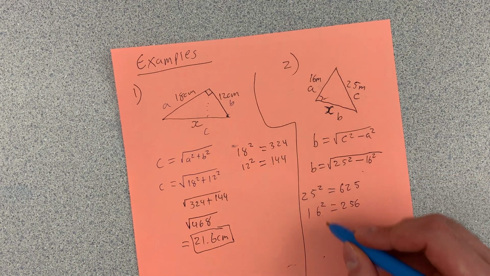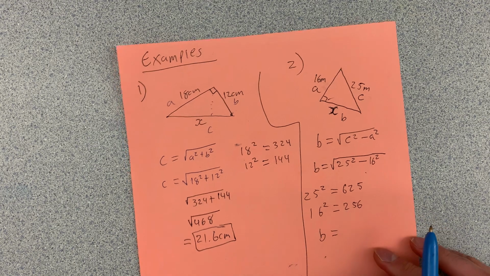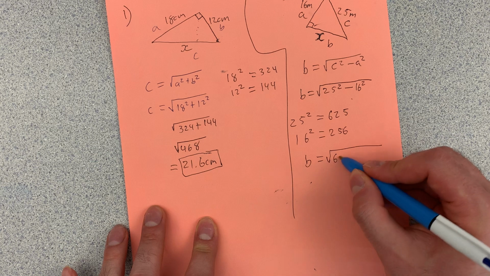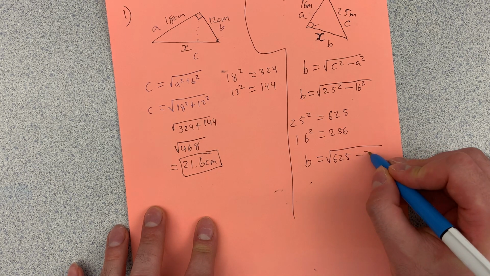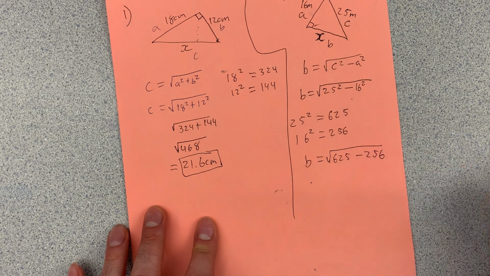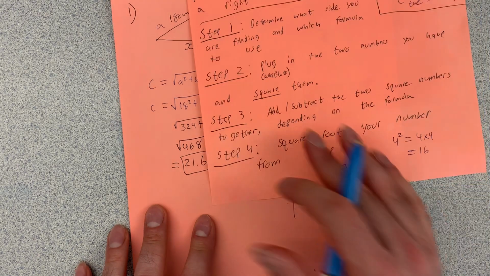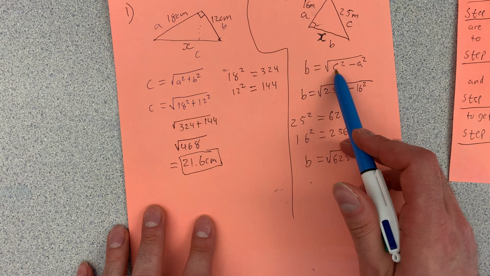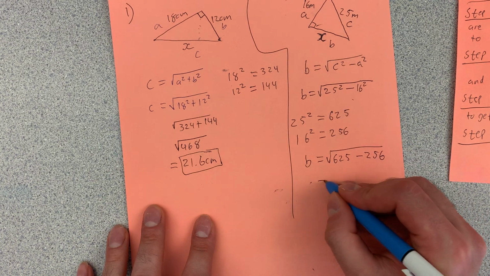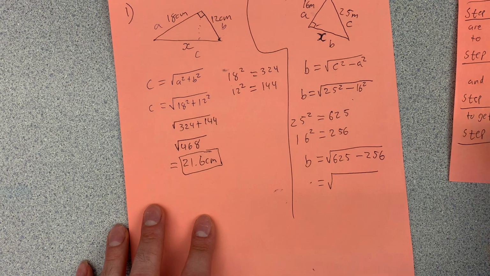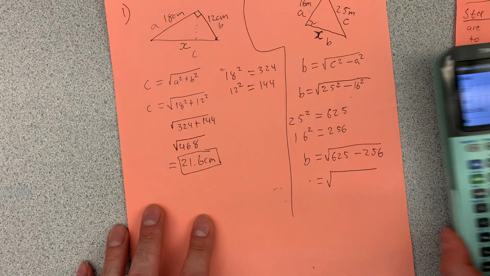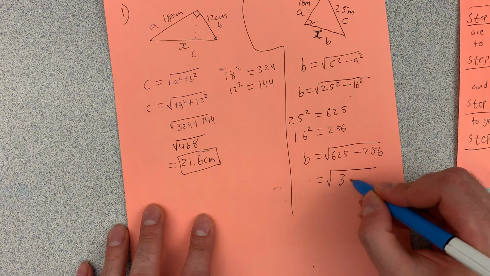And now I'm just going to plug those two back in. So B equals root 625 minus 256. Now for step 3, we're actually going to subtract in this case because we already have the hypotenuse. So 625 minus 256, I get 369.